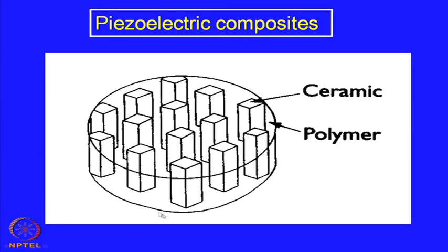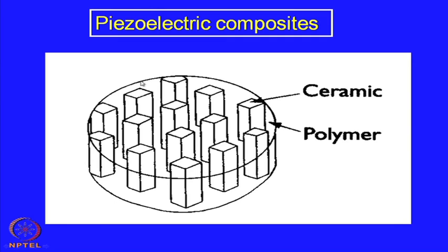Okay. So, this particular composite, the kind of connectivity it has, what they call the connectivity of these composites, is what one calls the 1-3 connectivity. That means the polymer is a continuous phase. Okay.